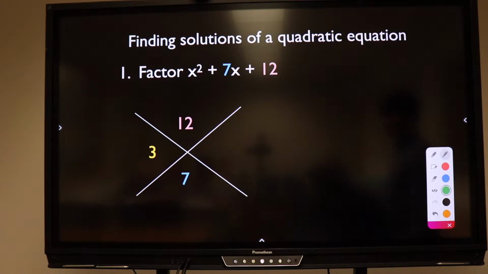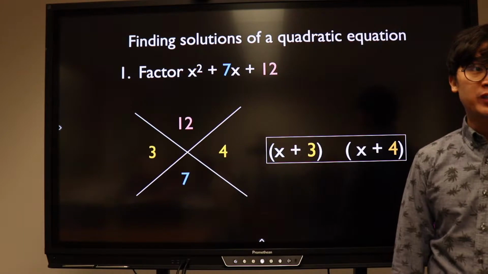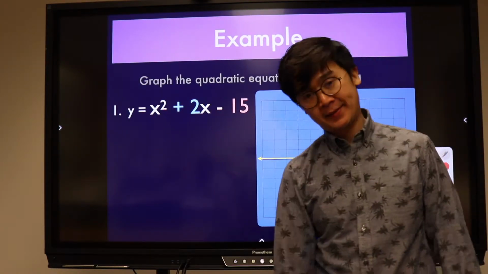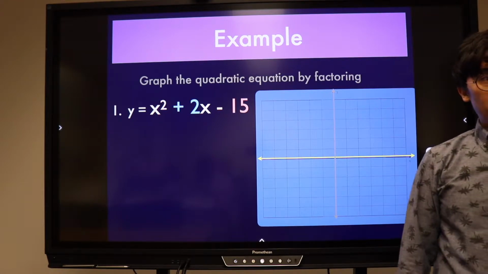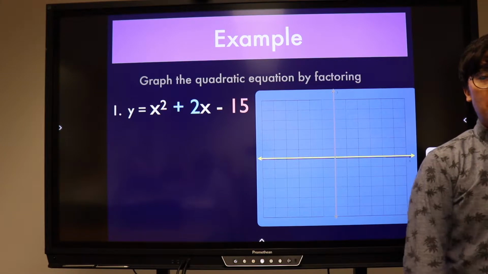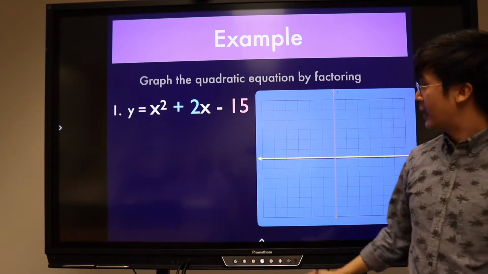Now, we know how to solve for x once we have the factors. So if I have this, let's find the solution of this function. Obviously, there's no graph, so to be able to find the solution, we need to do math. Is this a factorable quadratic equation? Yes.